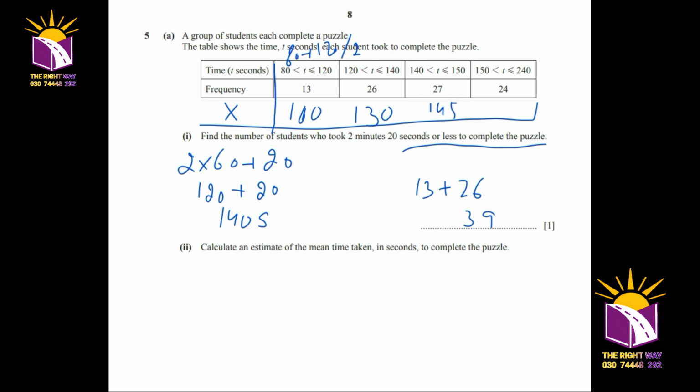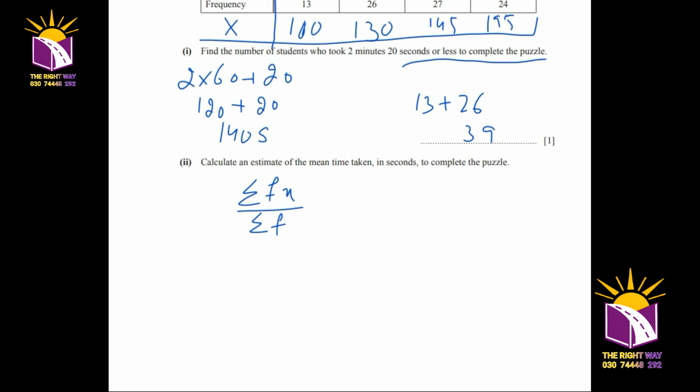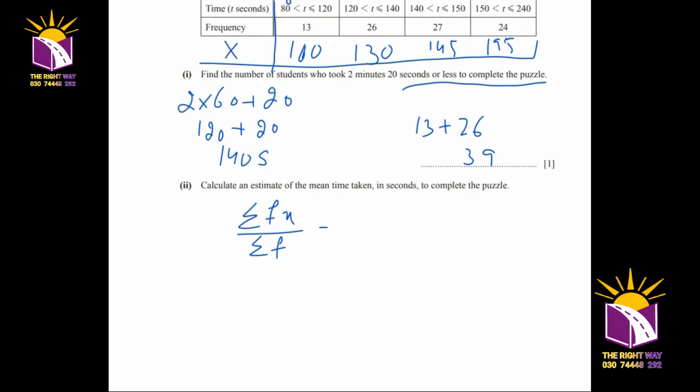150 plus 240, I am going to use the calculator for this one. 150 plus 240 divided by 2, which will be equal to 195. So I have found the value of x. Now the formula: summation fx divided by summation f. For summation fx, first of all 100 multiplied by 13 will be equal to 1300.